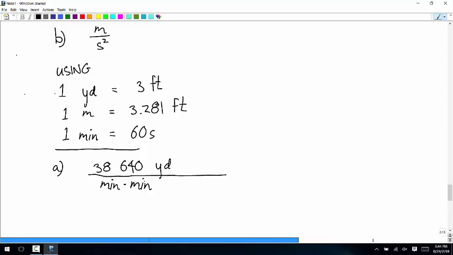And the approach I'm going to take is I'm going to convert the yards to feet, because first we're trying to do this as feet per second squared, and then I'm going to convert minutes to seconds. So to convert yards to feet, do we want 1 yard over 3 feet or 3 feet over 1 yard? Yeah, we want 3 feet over 1 yard because we want to cancel yards. That's what we're trying to get rid of.